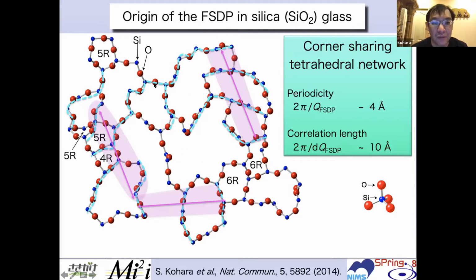So this is a very simple illustration, but of course on the basis of simulation. And the correlation length is almost 10 angstrom, just 1, 2, 3, 4 layers. This is the correlation length. So this is a very, very sparse configuration, and this is the origin of the first sharp diffraction peak.